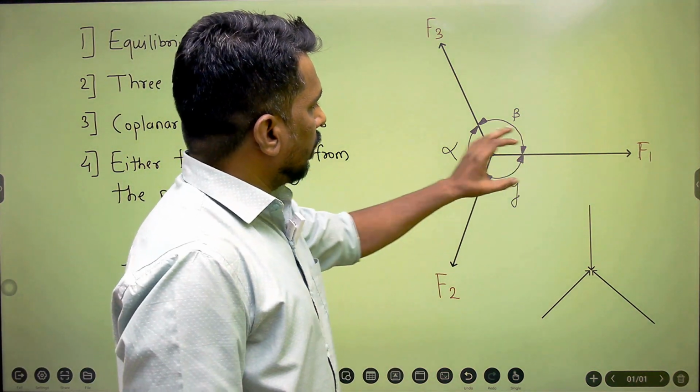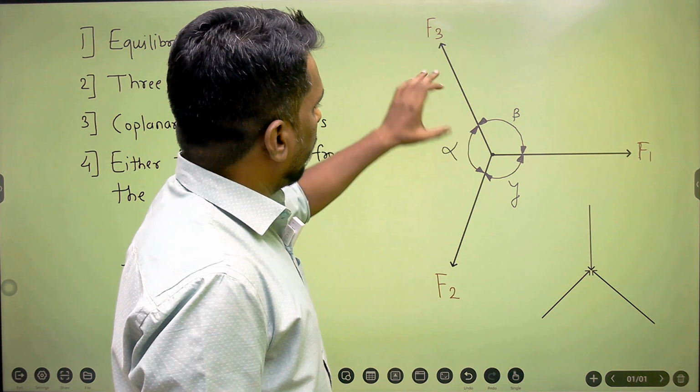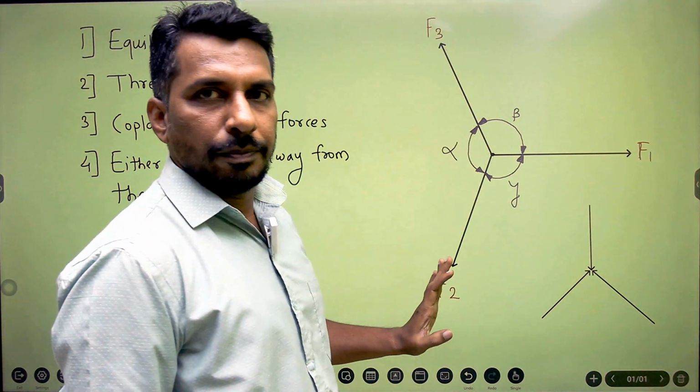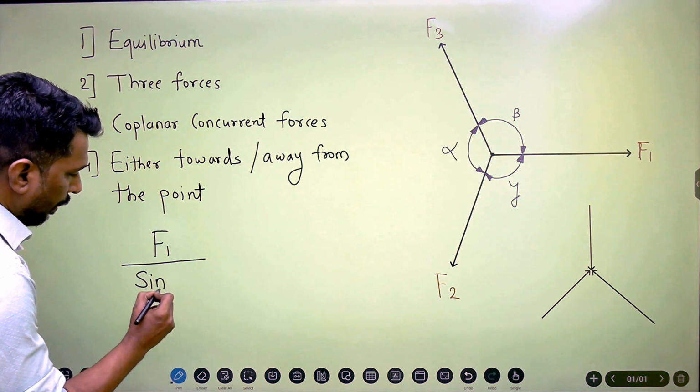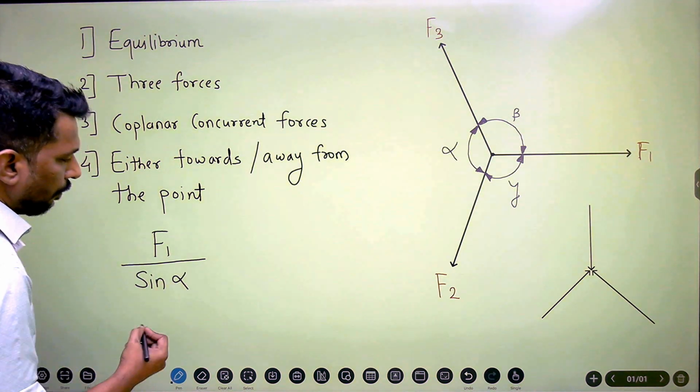If I consider F1, the other two forces are F2 and F3, and the angle between these two is alpha. So I'll write F1 upon sine of alpha.